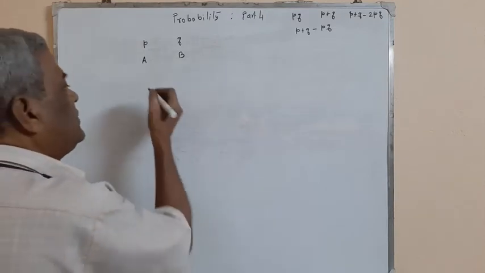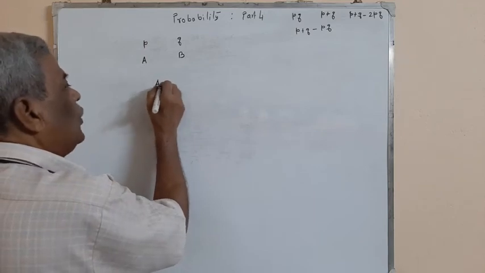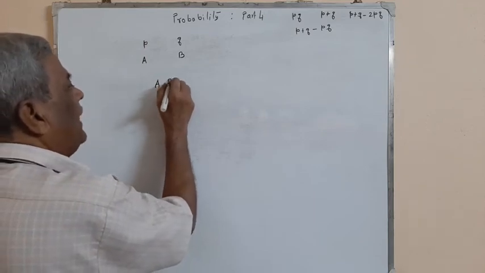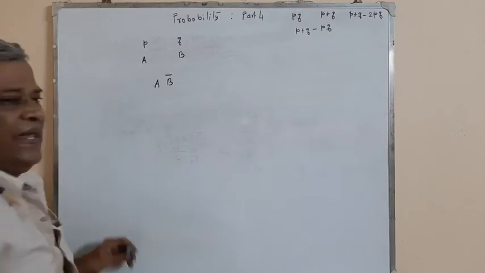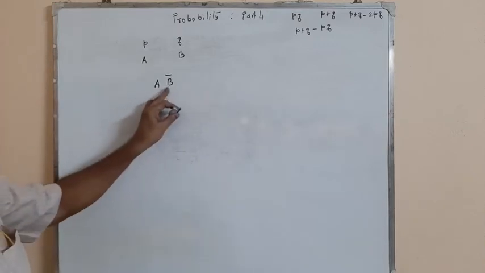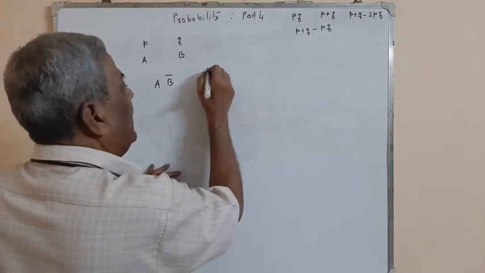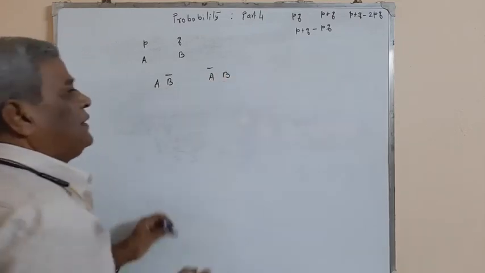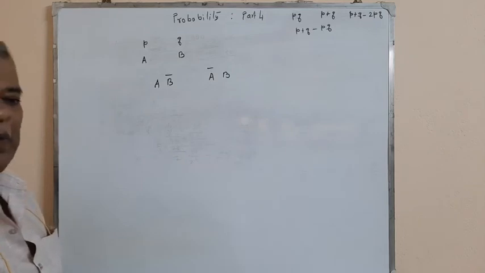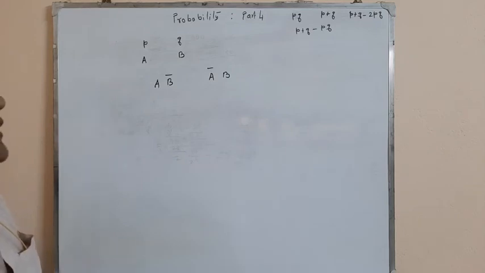Exactly one of them means, suppose A can solve it and B failed, that is B bar, or A failed and B can solve it. So this is the probability that the particular problem can be solved by exactly one.